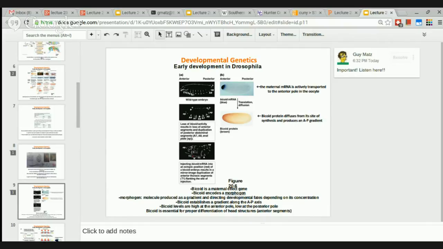And so you can overexpress bicoid in the fly, and the head segments, those 3 segments that I told you about, actually take a larger volume in the animal. And you can limit the amount of bicoid that's produced, and T and A, thoracic and abdominal segments, will actually take a larger volume than normal, and the head will be very small.